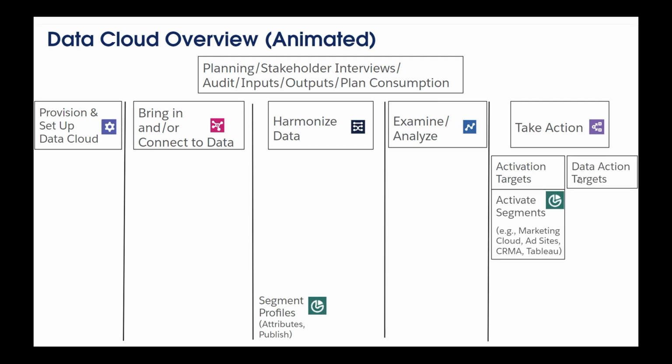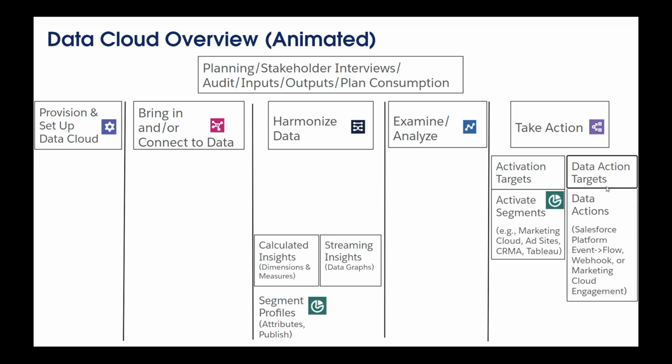Or we can do a different kind of activation, which is called data action. We have to specify the target, where is this going to, and then we can take a data action, which could make use of the calculated insights or the streaming insights to say, oh, something has happened, and we can send it to a webhook, we can send it to Marketing Cloud Engagement, or we can send it to Salesforce CRM and kick off a flow to make something happen.